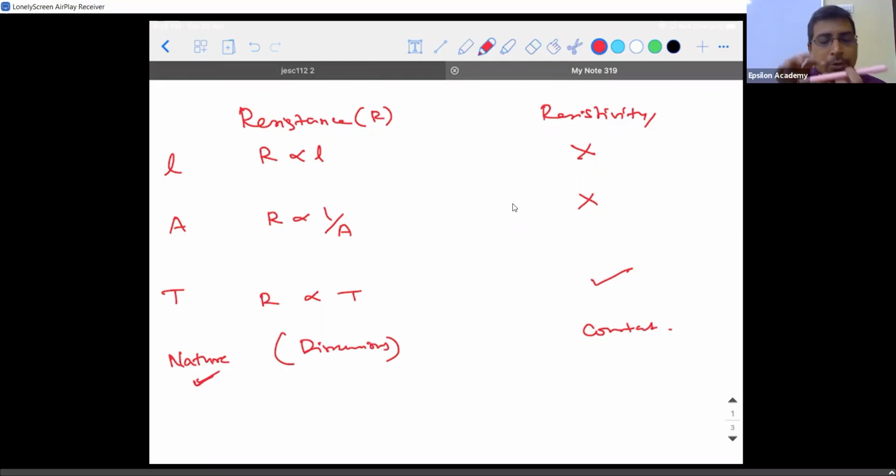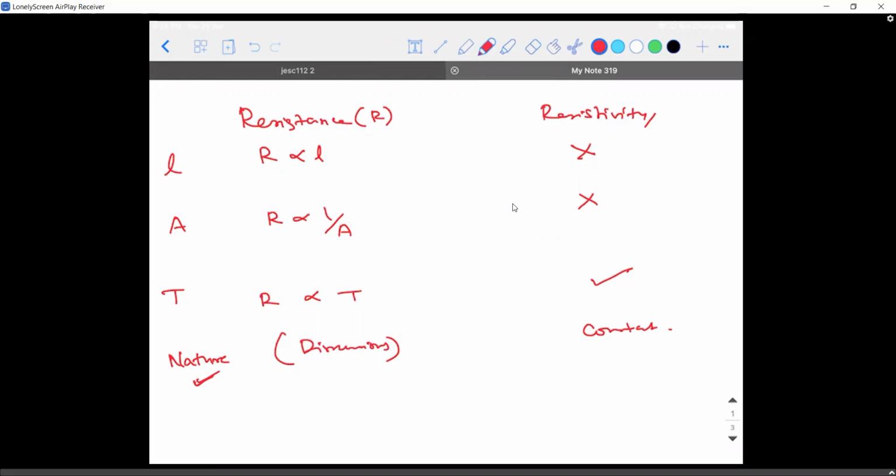Because the area of cross section is increased keeping the length constant. Then its resistance will decrease. What will happen to resistivity? Unaffected. It will remain the same.